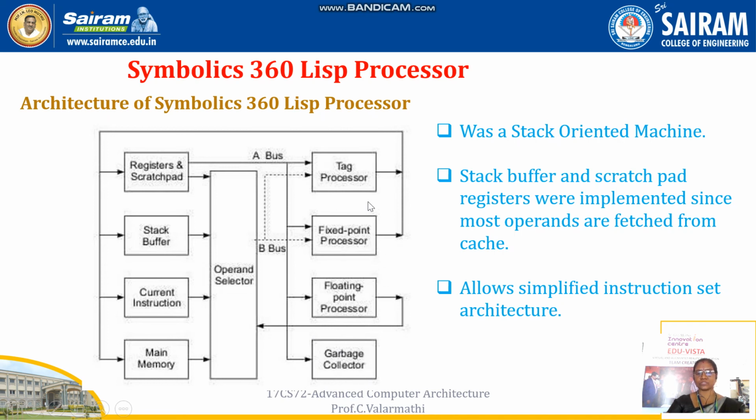Then there are the tag processor, the fixed point processor, and the floating point processor. The fixed point and floating point processors are common and reflect typical arithmetic processing. The stack buffer and scratchpad registers were implemented since most operands are fetched from cache.